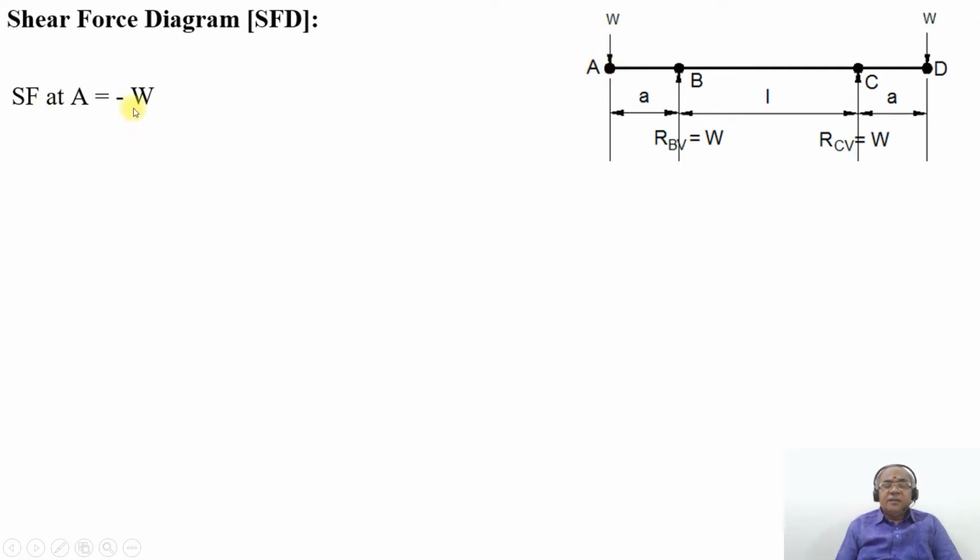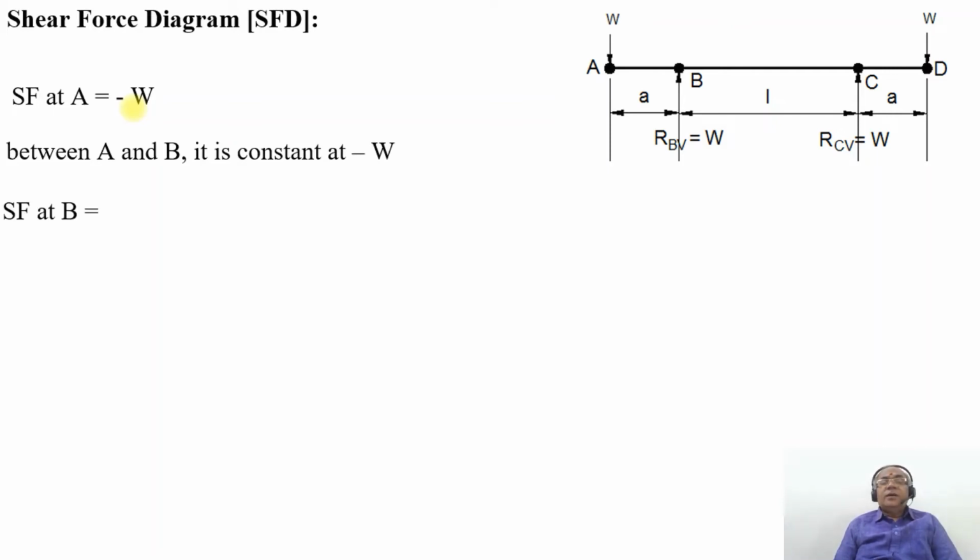So SF at A will be equal to minus W. Between A and B, as there is no load acting, it remains constant at minus W. When it comes to the SF at B, as we know, the reaction at B is acting upwards, so you get minus W plus W, which becomes 0. So SF at B will be equal to 0. Then again, between B and C, as there is no other load acting on the beam, it remains the same as that of B.